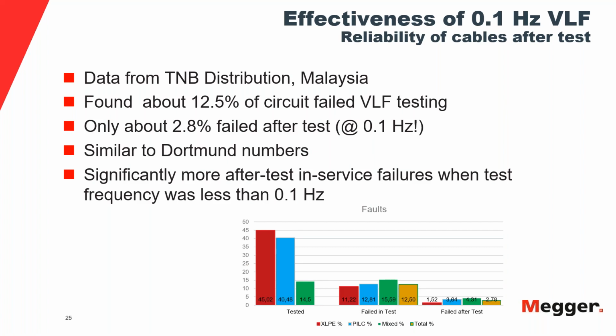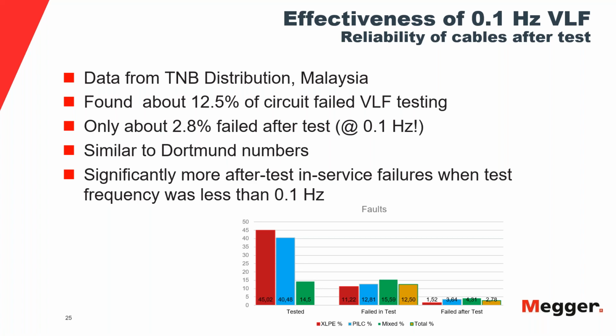And these tests were done with the Senelec test values. So what we know is you get a 97% reliability if you test at 0.1 hertz, if you keep it on for a sufficient amount of time, and if you test with 3 times U0.